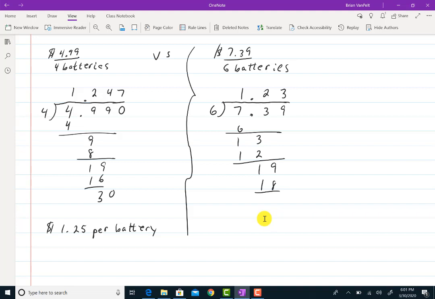Now, for the purpose of this problem, you could quit right now, because right now I can see that the 6-pack is the cheaper one, because that 3 that I just got is less than the 4 that was in the same place for the other one. Nonetheless, let me go one more place. If I bring down a 0, 6 goes into 10 one time, and if I round to 2 decimal places, I get $1.23 per battery. So over here is the better deal.